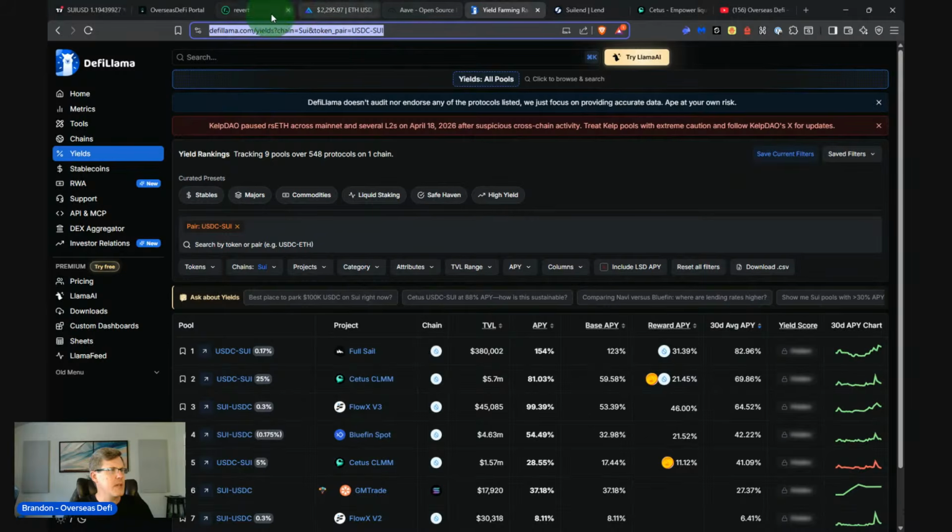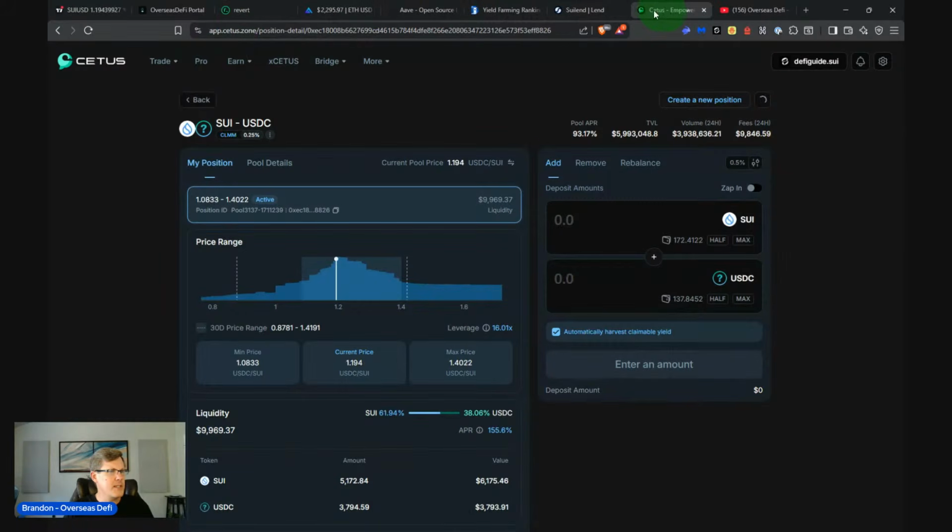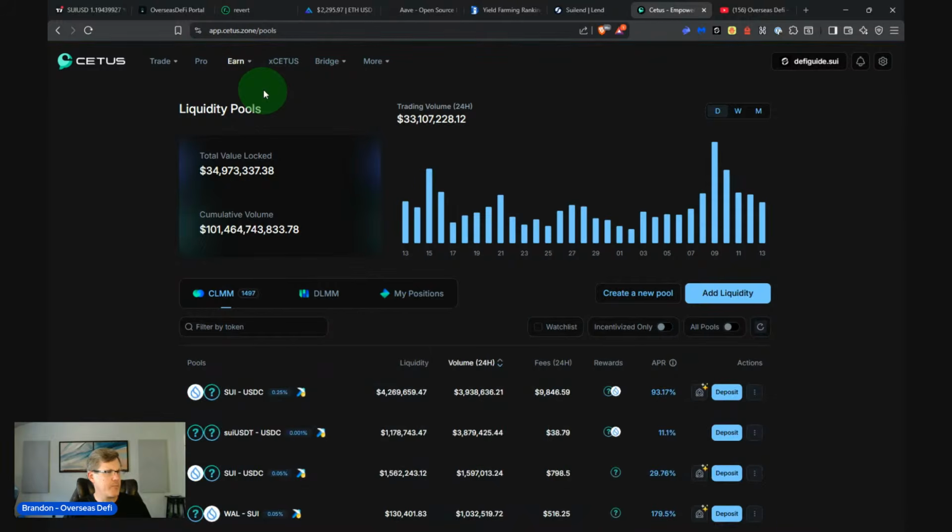I'm going to go to the actual protocol. So this is Cetus. The URL for this is app.cetus.zone. Okay. Let me go to the earn section and go to pools. And here's the one right there.